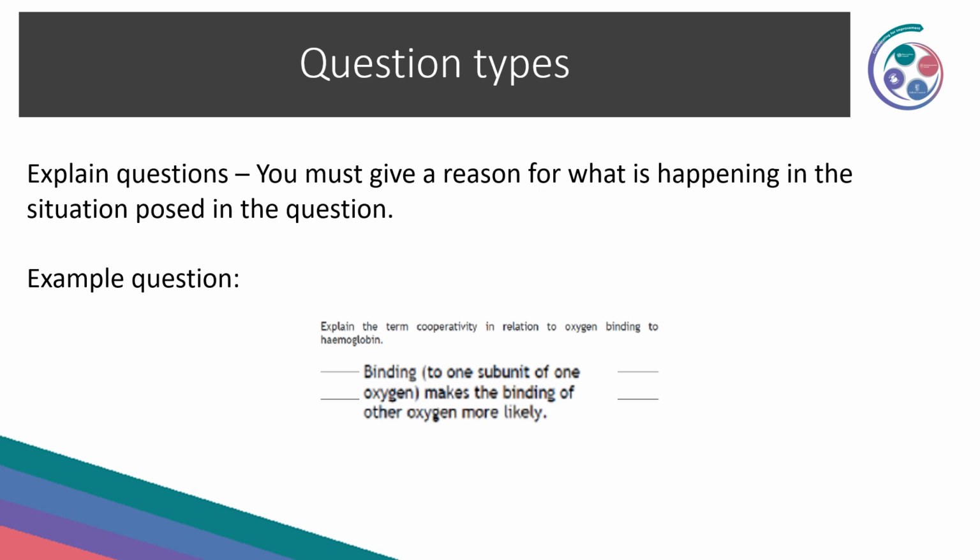So the binding of one oxygen to our hemoglobin opens up the other oxygen binding sites of our hemoglobin. They're relating the information that they've given us to the answer that we are giving in that instance. We're taking the information they've given us and using that in our statement.